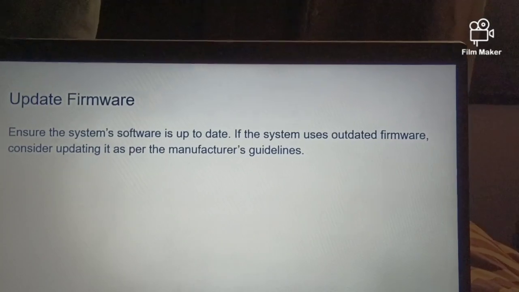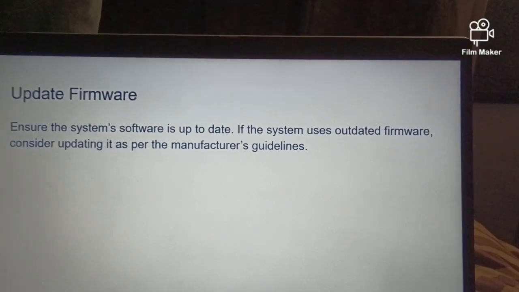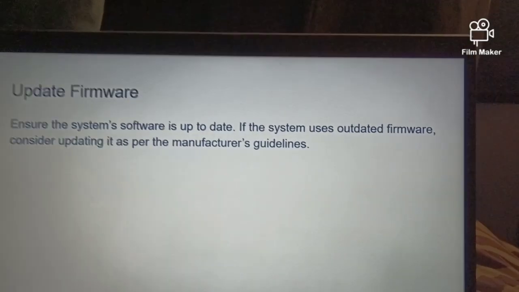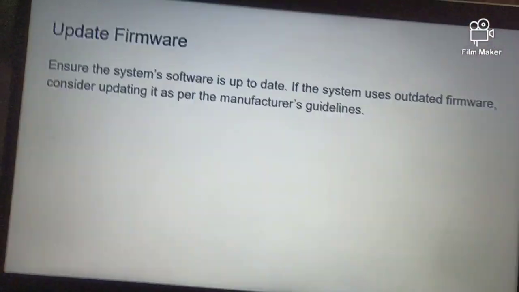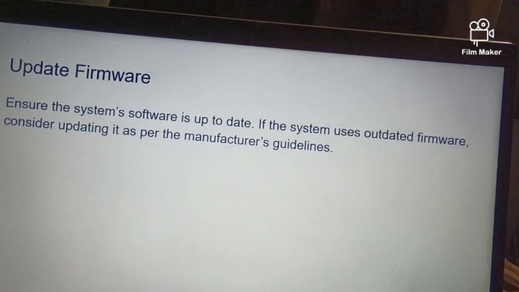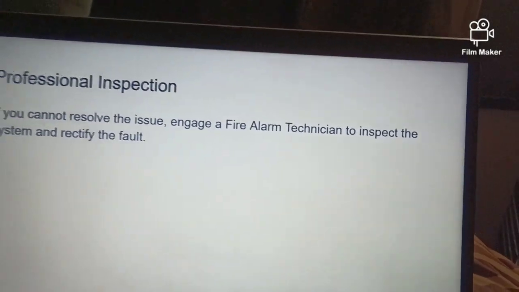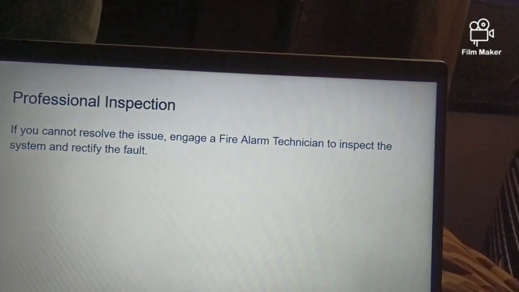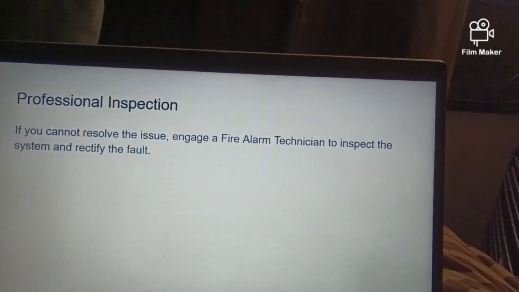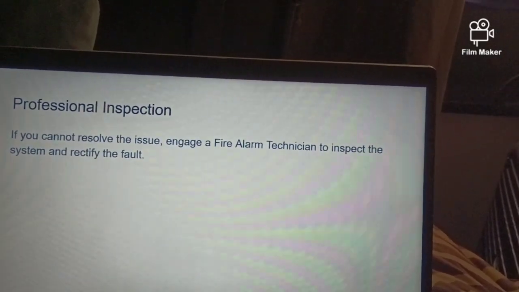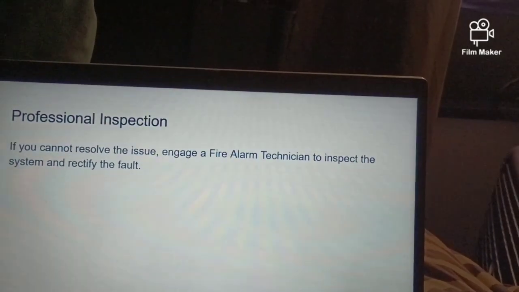Update firmware. Ensure the system's software is up to date. If the system uses outdated firmware, consider updating it as per the manufacturer's guidelines. Professional inspection. If you cannot resolve the issue, engage a fire alarm technician to inspect the system and rectify the fault.